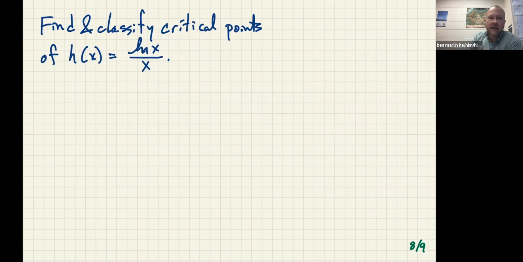Now this has ln of x. So we're going to come along here and find our h prime of x. And because it says ln of x divided by x, we have to use the quotient rule. So 1 over x is the derivative of log, and then the bottom was x, minus, and now we'll leave the ln x alone and take the derivative of the bottom, which is x, so we just get a 1 there.